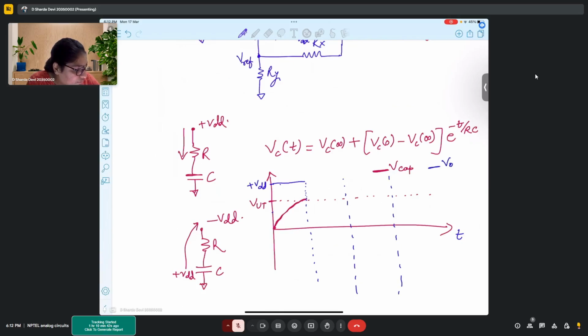This is Vout. So my VDD will now flip to minus VDD. This is minus VDD.